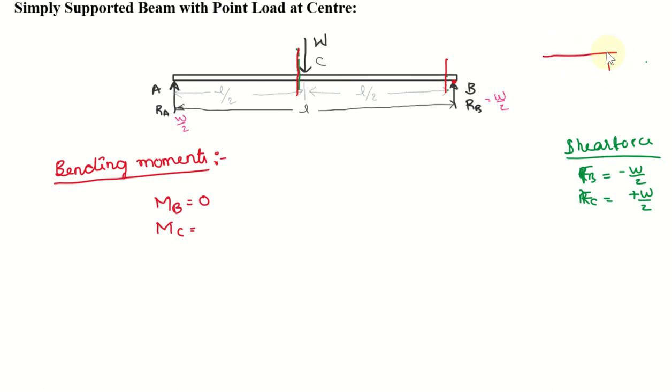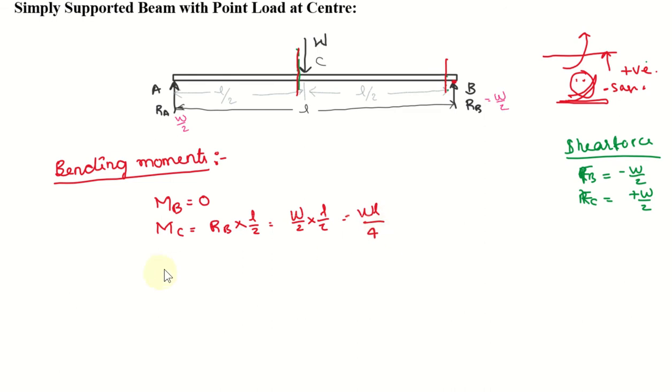This force is raising up, anti-clockwise rotation, that is positive, or you can say if the beam is turning above, like a smile, that is a sagging positive bending moment. So RB into L by 2, that is W by 2 into L by 2, that is WL by 4.